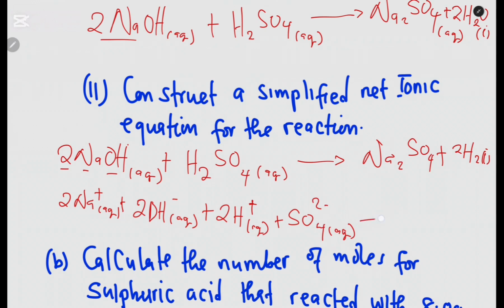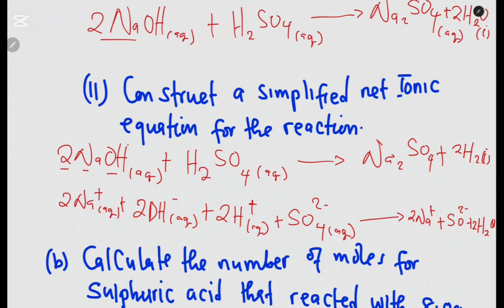Then this side we are going to split just sodium, so 2 sodium positive, which is aqueous, plus sulfate negative. Then at the end we have 2 water molecules, so water will not split. Okay, so 2 water molecules.